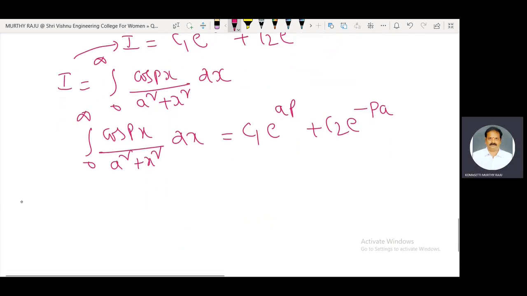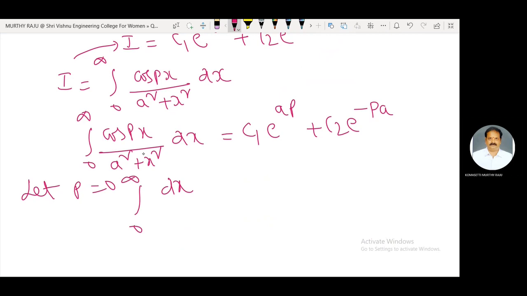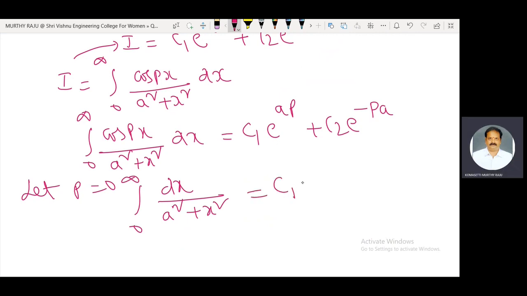Let p is equal to 0. Cos 0 is 1. Integral 0 to infinity dx by a square plus x square is C1 into e power 0, which is 1 because p is equal to 0, plus C2.